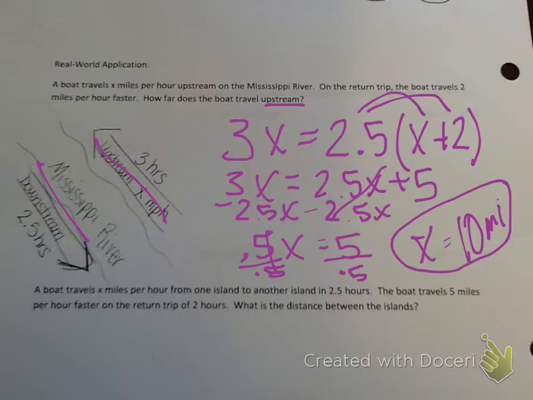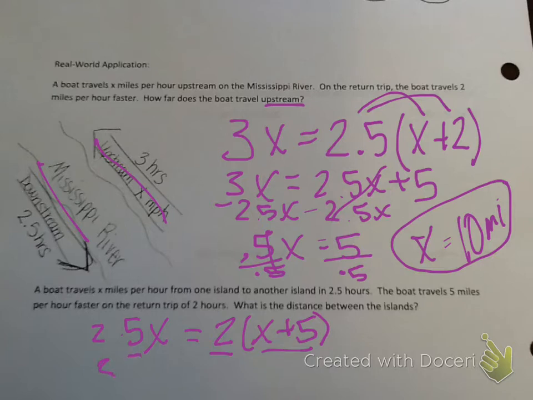Let's try another one that's similar to that. A boat travels x miles per hour from one island to another island in 2.5 hours. So in 2.5 hours, they're going x miles per hour. And then when they're traveling back between the islands, the boat travels 5 miles per hour faster. It only took 2 hours. So we have 2 hours, and we went x plus 5 because they traveled 5 miles per hour faster.